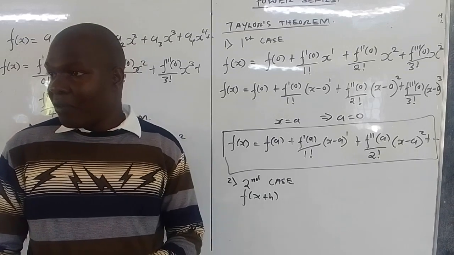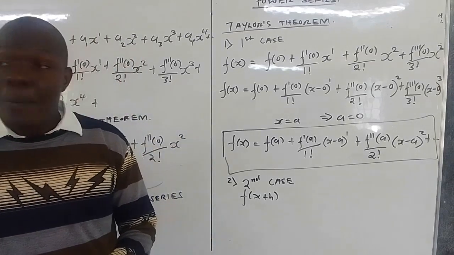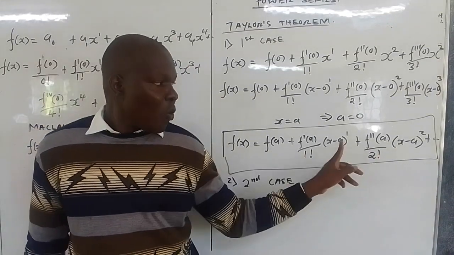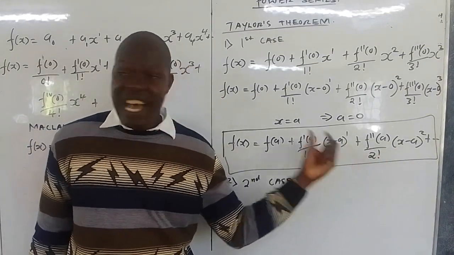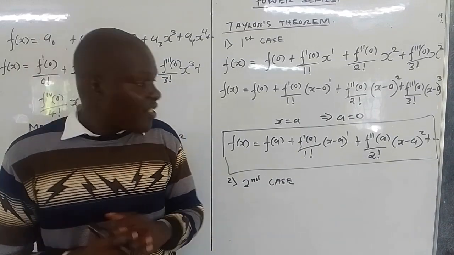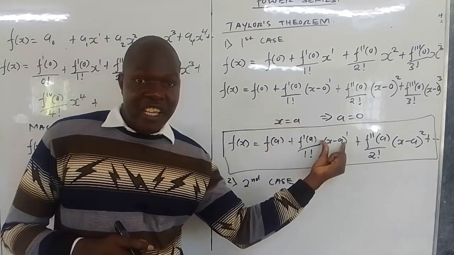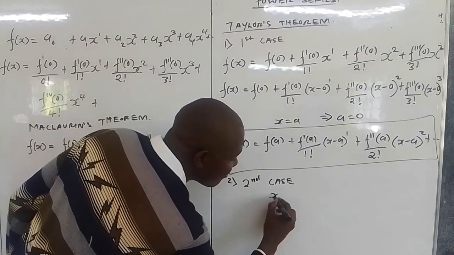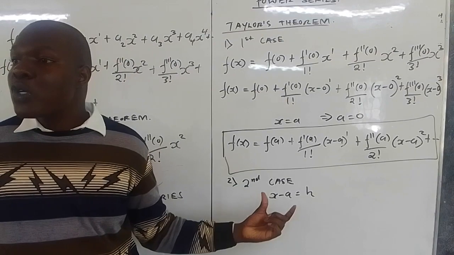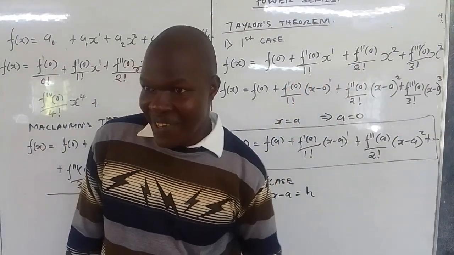Very simple. It means the powers of h are what is going to ascend. So if you look at this Taylor series, what is ascending? It is x minus a at the point when x is equal to a, isn't it? So if we have x minus a, we are now doing what we call the change of variables. Are you seeing that?